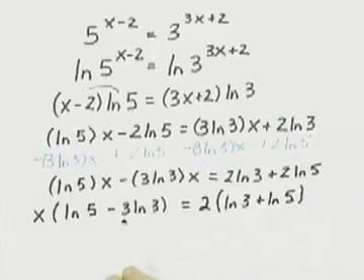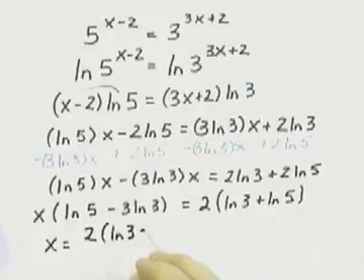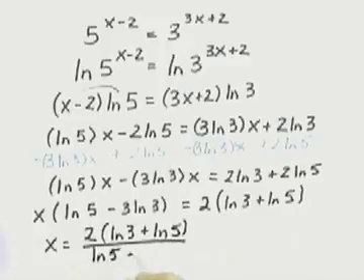Finally, if I divide both sides of the equation by natural log 5 minus 3 natural log 3, I'll have my answer. The answer is x equals 2 times the natural log of 3 plus the natural log of 5, divided by the natural log of 5 minus 3 natural log 3.